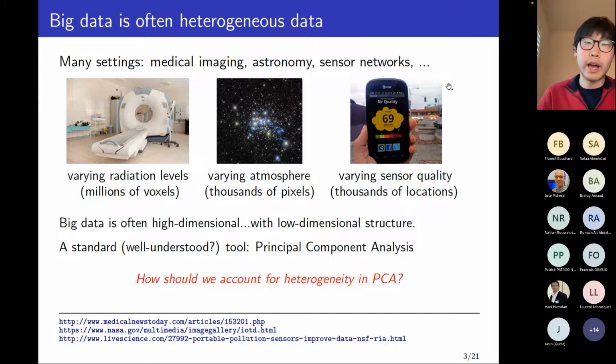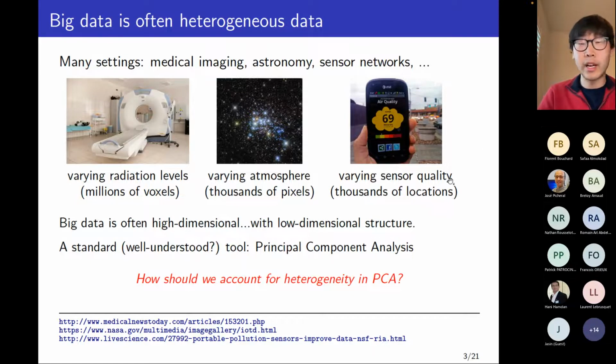Due to all these effects in all these different settings, I know there are a number of experts on radar here in the audience, and as I understand, in radar there can be heterogeneity due to heterogeneous levels of clutter, so this is a ubiquitous setting.